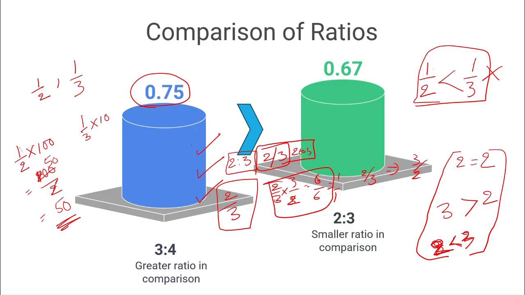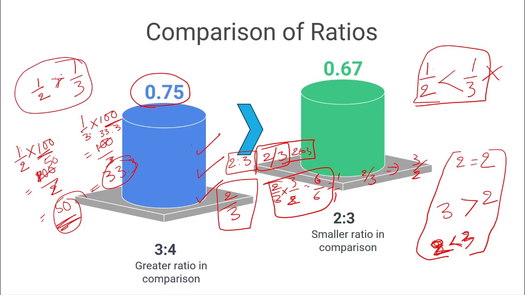Let's multiply that as well with 100. Since I am multiplying both with 100, I am not changing the actual value; I am making the calculation easier. So it will become 100 by 3, then you will get 3 3s are 9, then 0.333, all those things. So you will get 33.3. Then you can easily decide from this that my 1 by 2 is greater than 1 by 3. This is how you compare it.